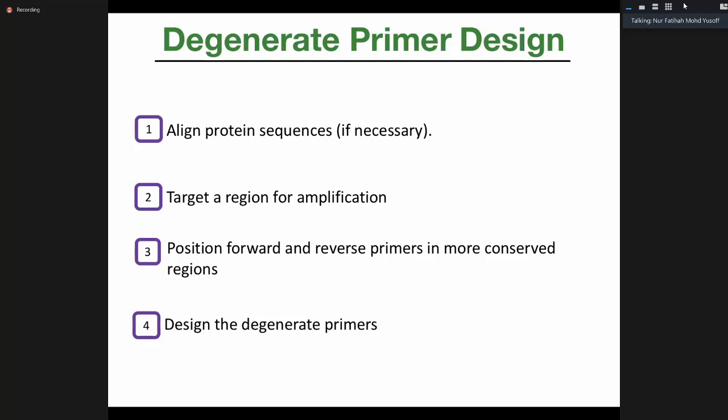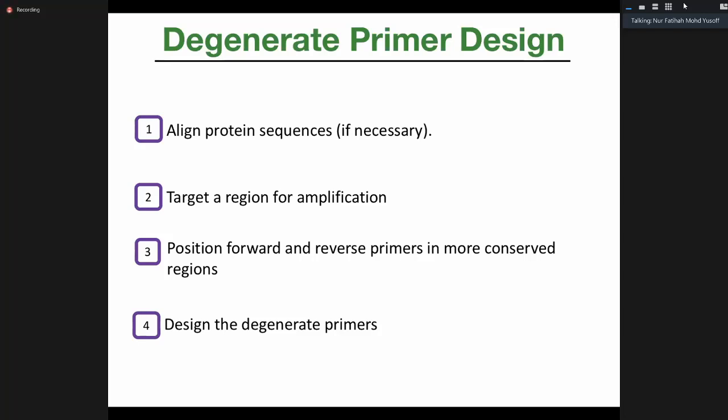Now we look into another type of primers. We call it degenerate primer. So how to design degenerate primers? The first step, as I stated here, is if necessary, because it depends on the objective of your amplification. If you only have the protein sequence and you don't have the nucleotide sequence, because in PCR you need the nucleotide sequence, am I right?